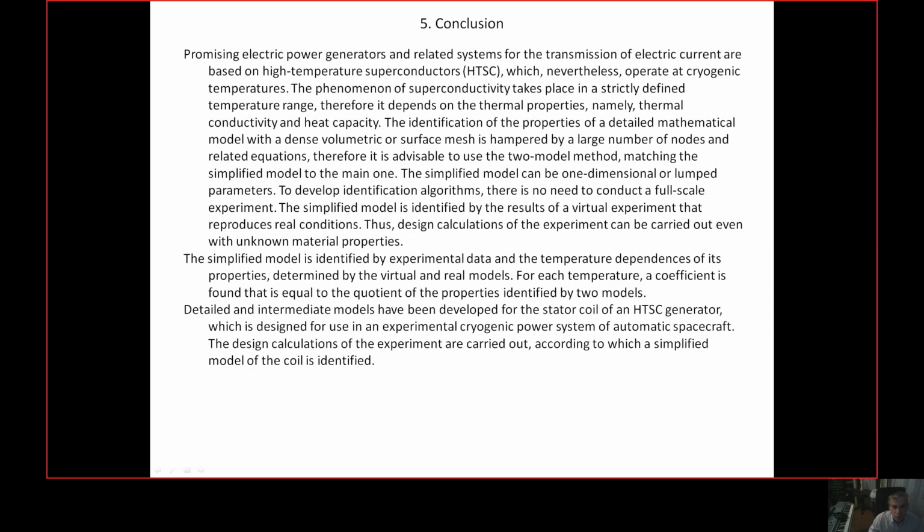The simplified model is identified by experimental data, and the temperature dependencies of its properties are determined by the virtual and real models. For each temperature, a coefficient is found that is equal to the quotient of the properties identified by the two models.